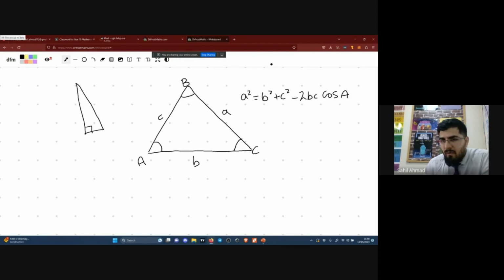Then we have the other formulas for B and C. They look extremely similar, so it does help you to remember them pretty easily.